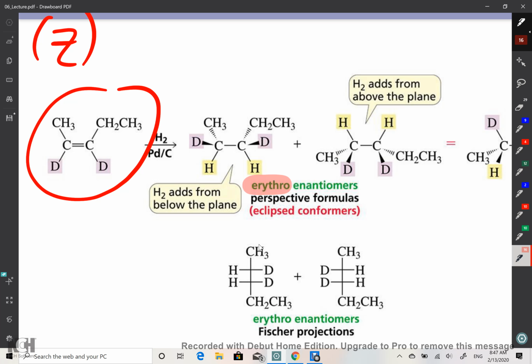I want you guys to look at the stereochemistry for the erythro enantiomer. Both hydrogens are on the same side of the plane, and that's because we started with the Z. And you can look at that from the Fischer projection. In the Fischer projection of the erythro enantiomer, the hydrogens you added are on the same side over there. That's my erythro enantiomer.